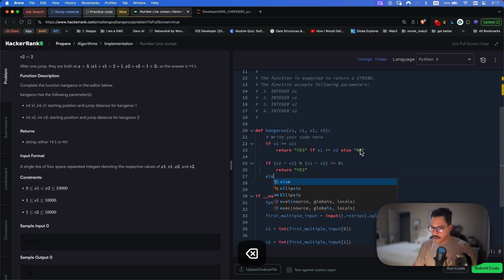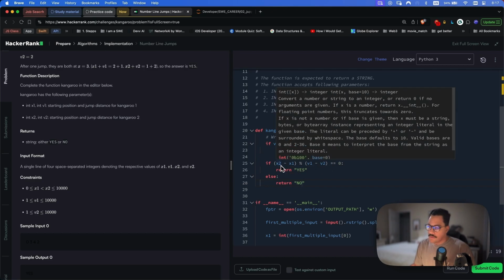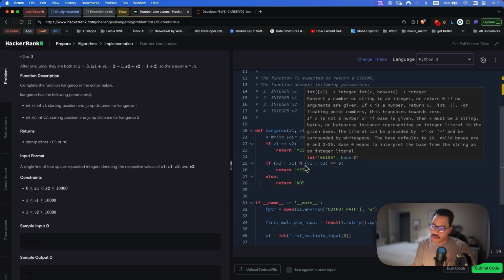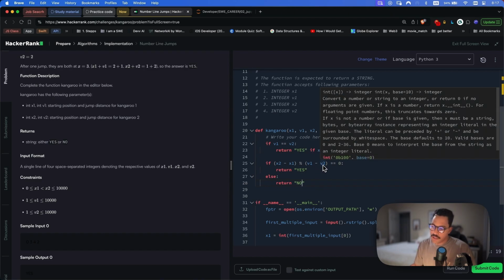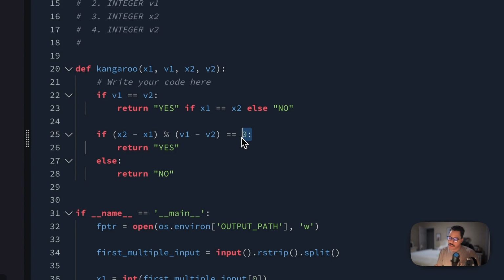If it's not a multiple, then we return no, right? If the difference between the starting position of the first kangaroo and the second kangaroo is a multiple of the difference of their speed, then at some point they'll meet, and this just represents that it is a multiple.